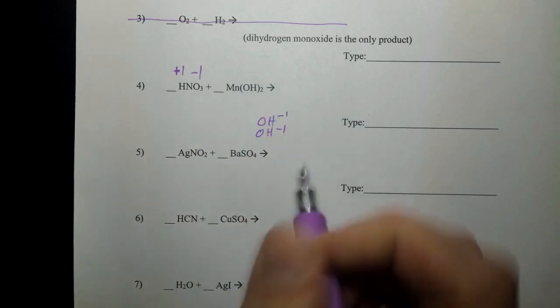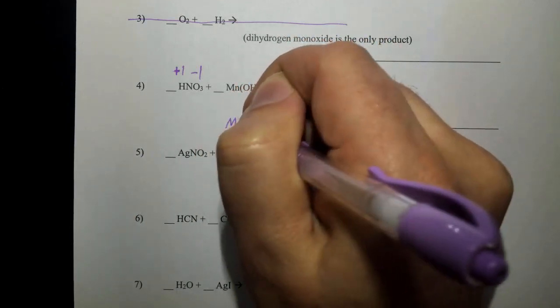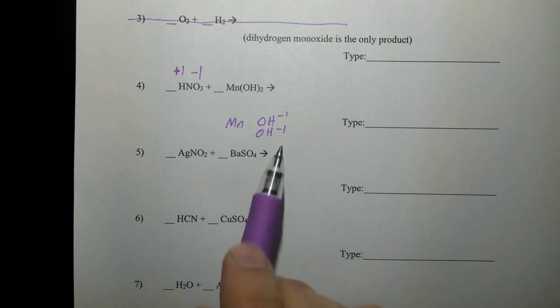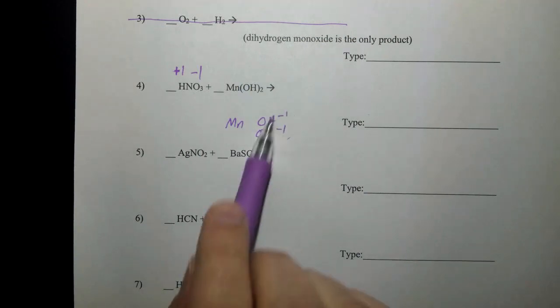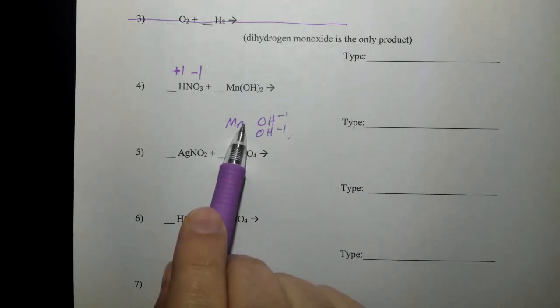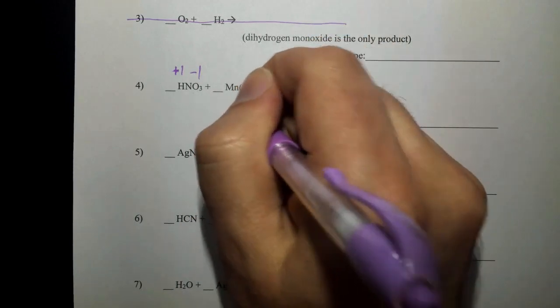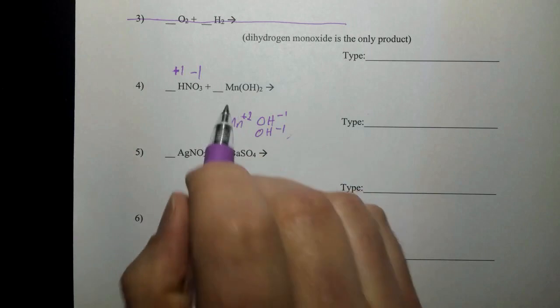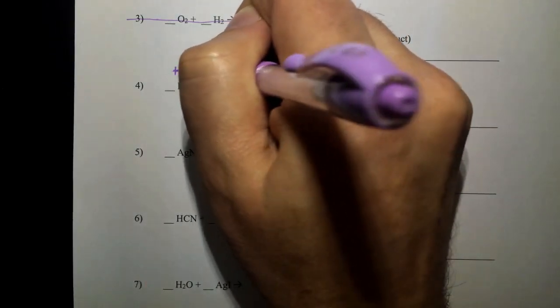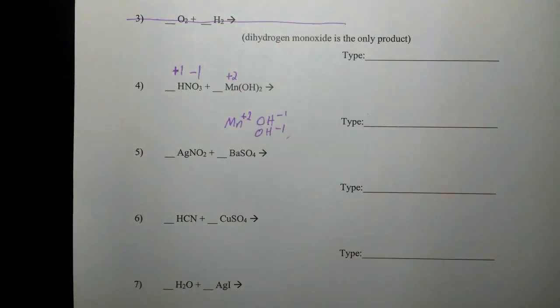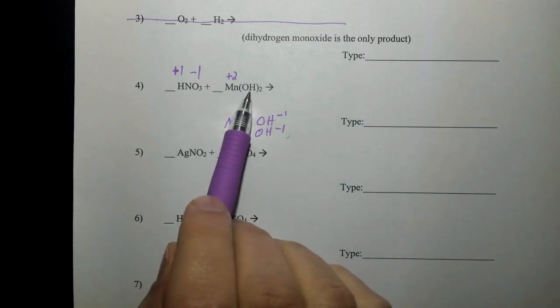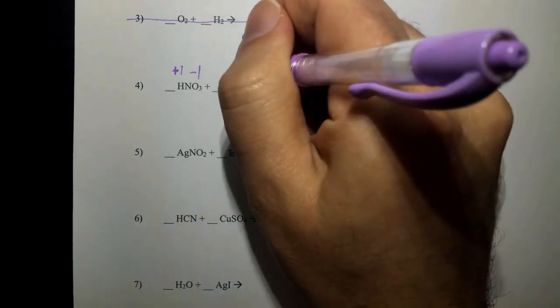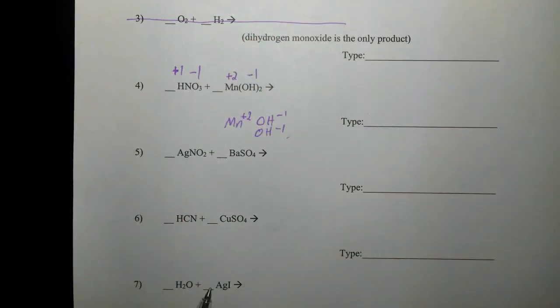And there is 1 manganese. So if this total -2 here needs to be canceled out, this manganese has to be a +2. So manganese +2, and then charge of hydroxide, we already mentioned that, is a -1 from the bottom part of the periodic table.